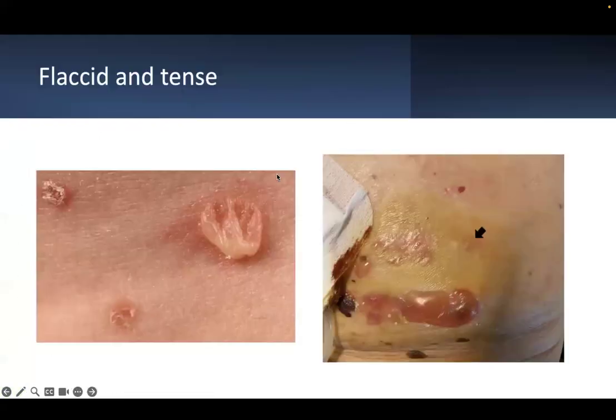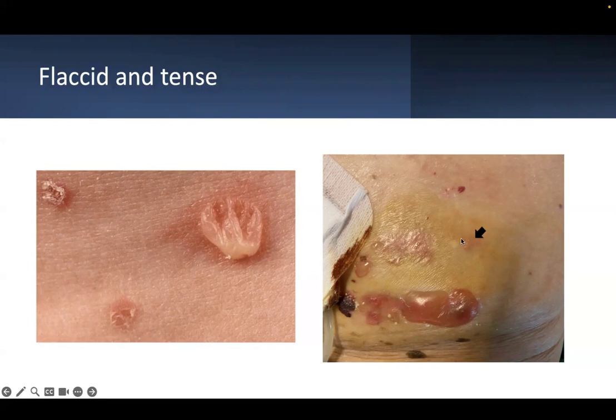So this is an example of a flaccid blister. These usually rupture quickly and we see the erosion. And the one on the right is an example of a tense blister. As you can see, at the black arrow there was a tense blister and it healed, and there are small milia structures.